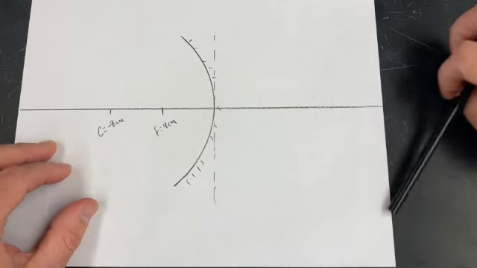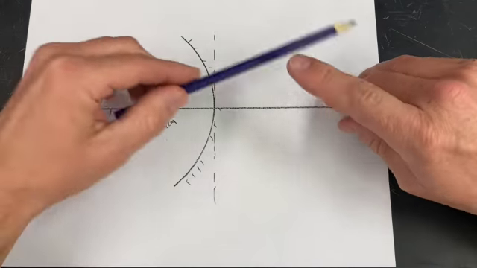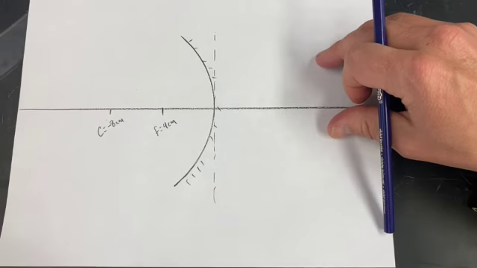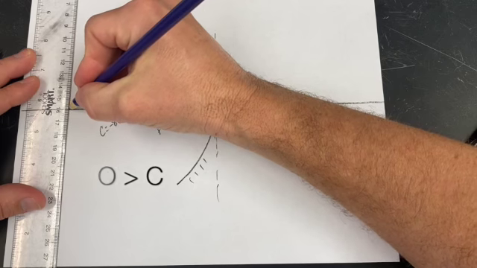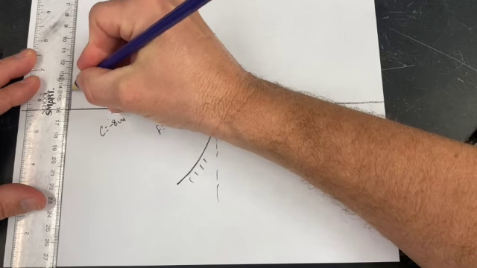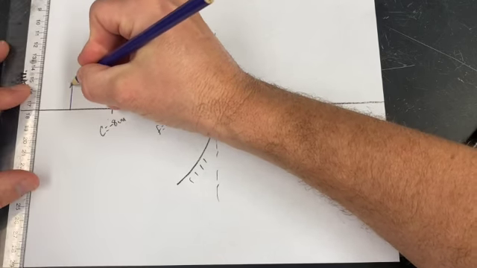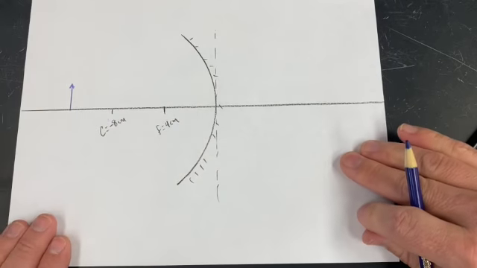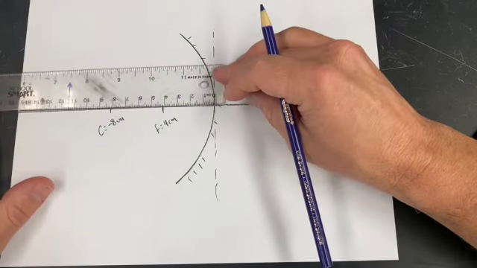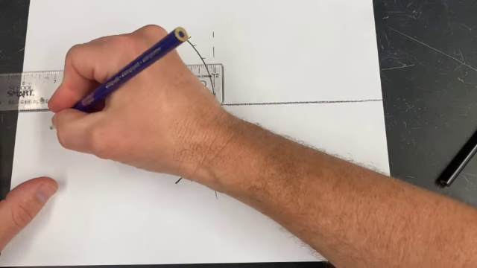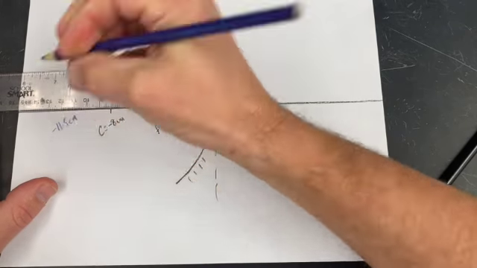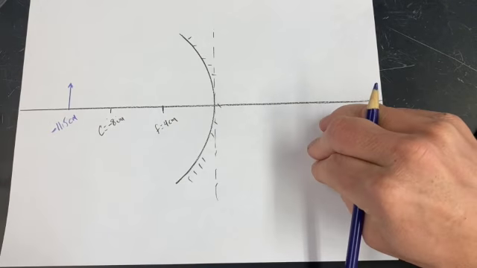So now we're going to draw an object, and we'll start with an object outside of the radius of curvature. So we'll start out here. Let's draw it 3 centimeters tall. Okay, so I'll state that one more time. The position of that object is at -11.5 centimeters.